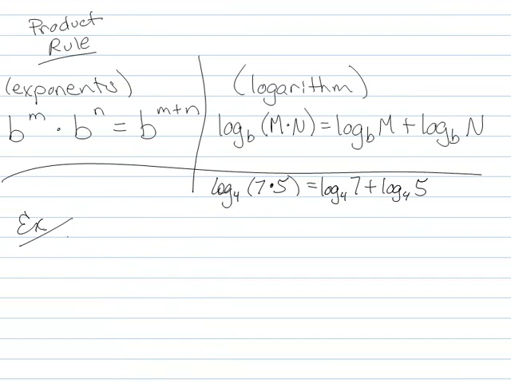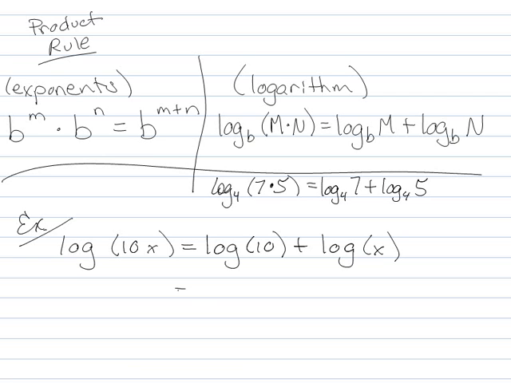So for example, if I had something like log of 10x. So I have log of 10 times x, and that's the same thing using our property as log of 10 plus log of x. Now we can simplify this because we know that when log is by itself, it has a secret base 10.